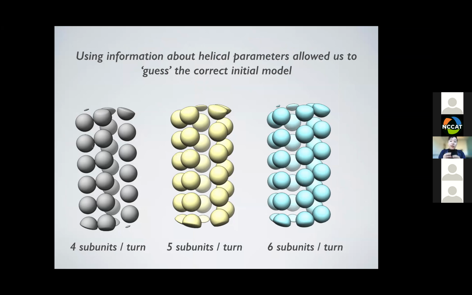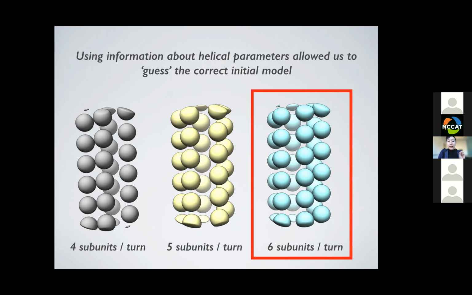Those subunits had a rise dictated by that layer line spacing, but with no super twist. One had 5 subunits per turn, and one had 6 subunits per turn. It turns out we were able to get successful initial reconstructions using the 6 subunit per turn initial model. This is the one that eventually worked.